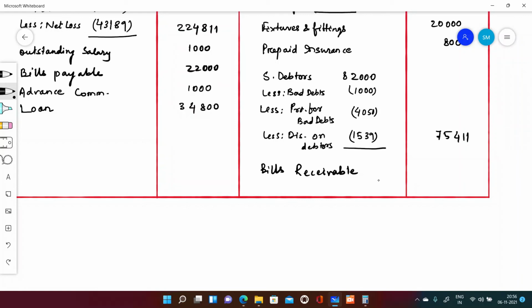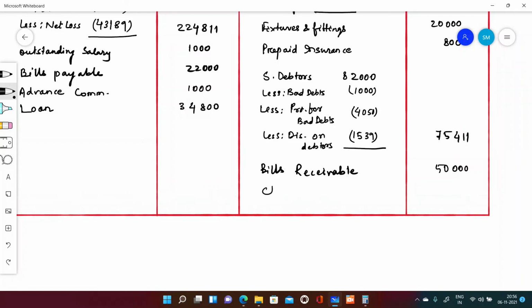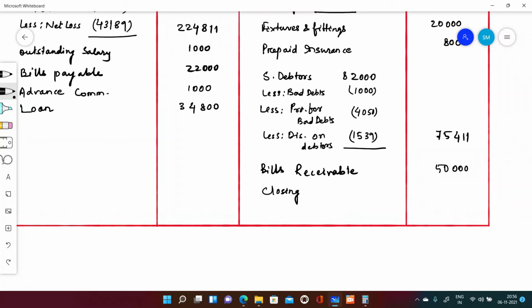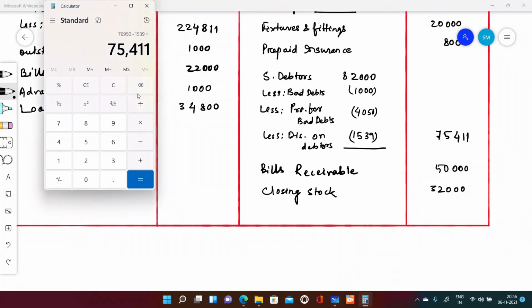So that is your bills receivable, it is your 50,000. And anything else I left? No, I think rest I have all recorded. One more is left, that is your closing stock. Closing stock is your 32,000. Now let's see if both the sides are equal, then our calculation is absolutely correct.